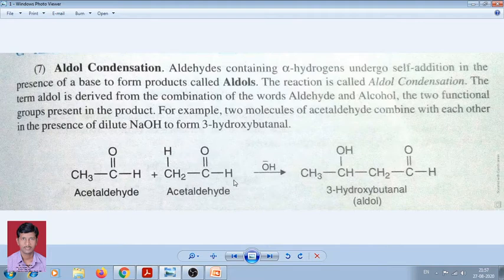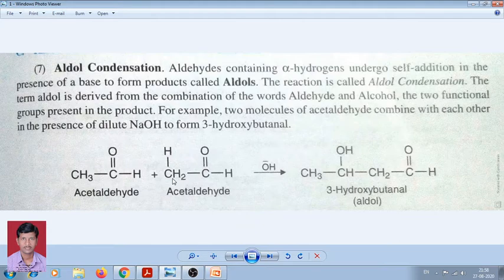Aldol condensation is nothing but the reaction of an aldehyde, any starting compound containing the CHO functional group. This is CHO, that is acetaldehyde, CH3CHO, this is the formula of acetaldehyde.